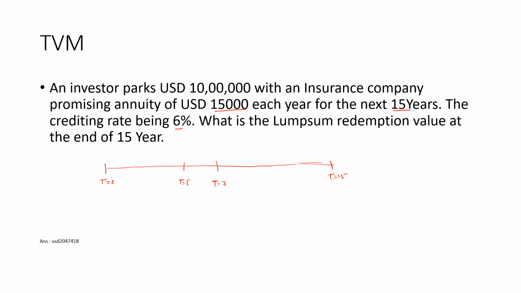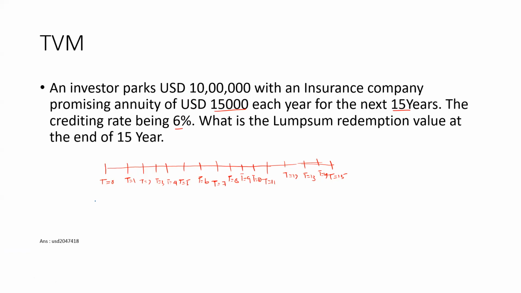T is equal to 1, 2, 3, 4, 5, 6, 7, 8, 9, 10, 11, 12, 13, 14. So all right, we have mapped all the 15 years, 15 periods.